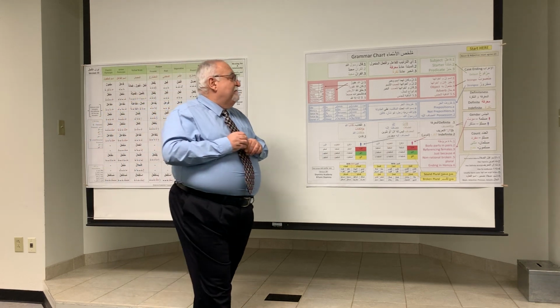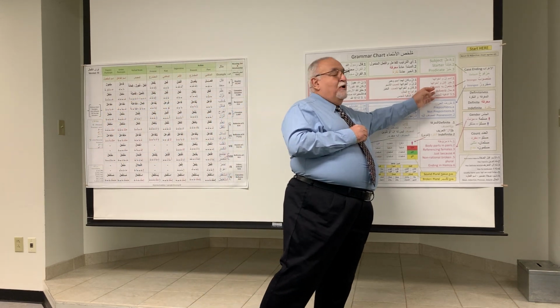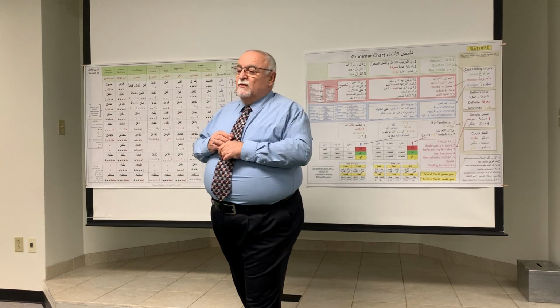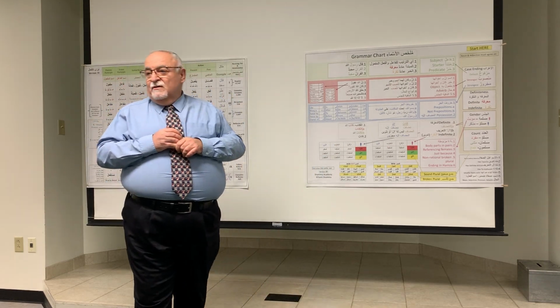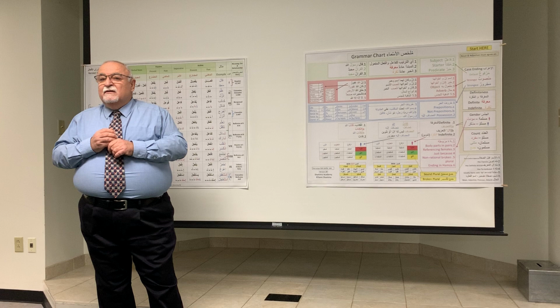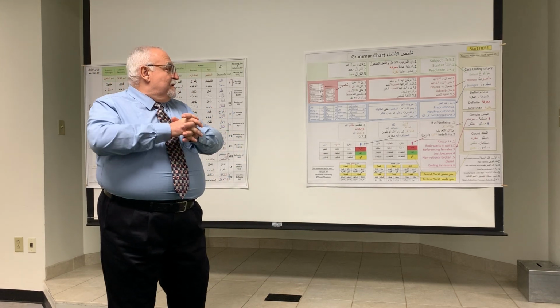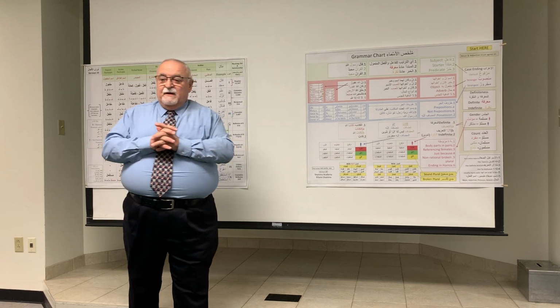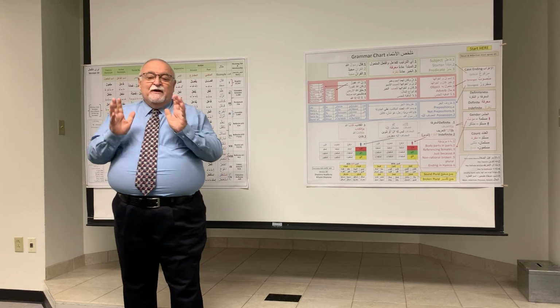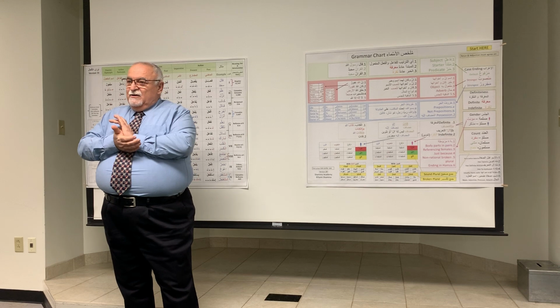And then we will have an object, and as we know, the object is always going to be mansub, is always going to be شطيرة or al-shatirata. So it's always ending with the mansub state. So nothing different than your English structure.